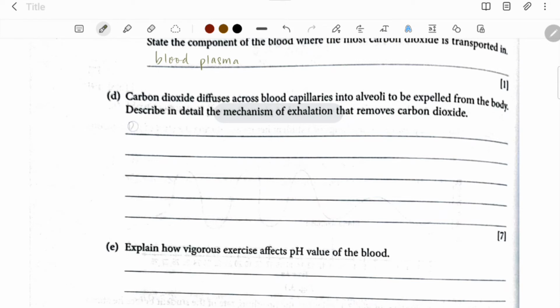Diaphragm relaxes and becomes dome shaped. External intercostal muscle.